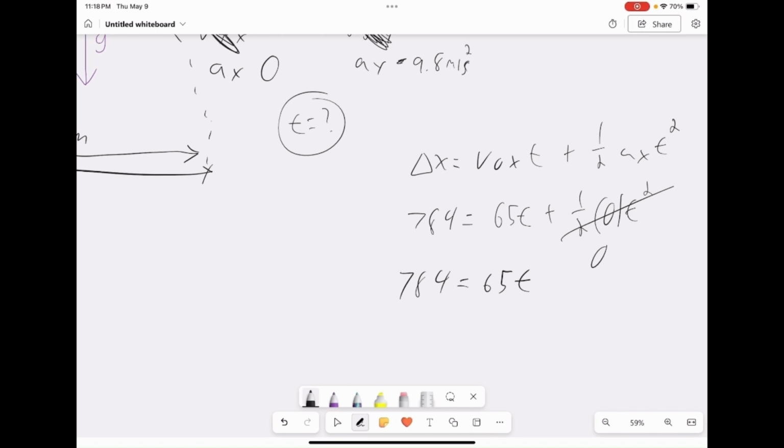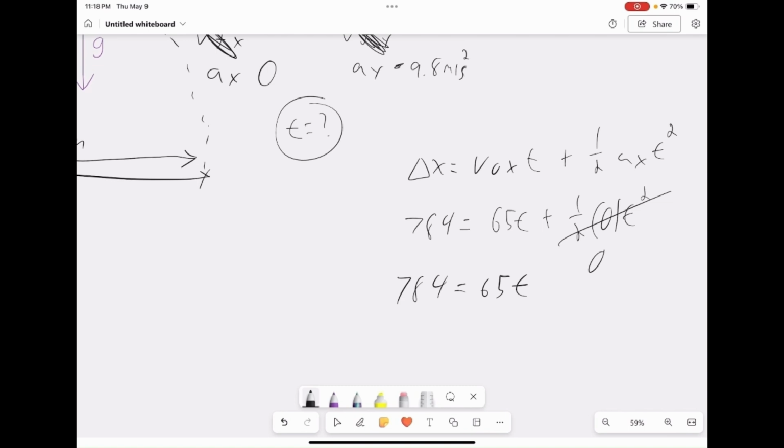So solving for t, we can divide both sides of this by 65 and get t equals 784 divided by 65, which is 12.06 seconds.